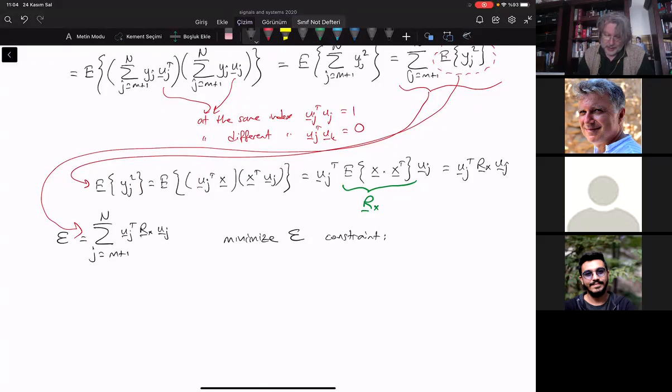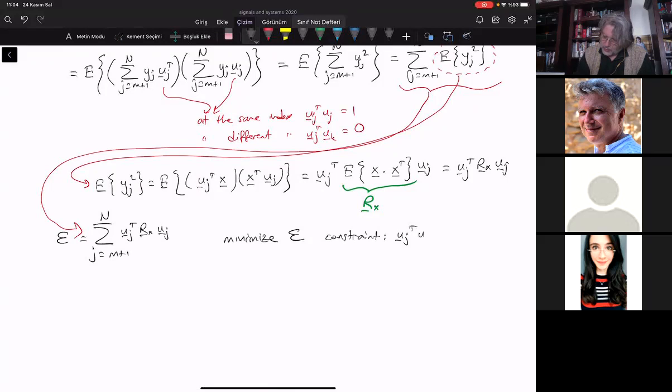The constraint is that the uj's will form an orthonormal set. So, for instance, uj transpose uj must be equal to 1. Because if you don't put this constraint, you notice this part and this part contain uj terms. And this is a positive semi-definite matrix.